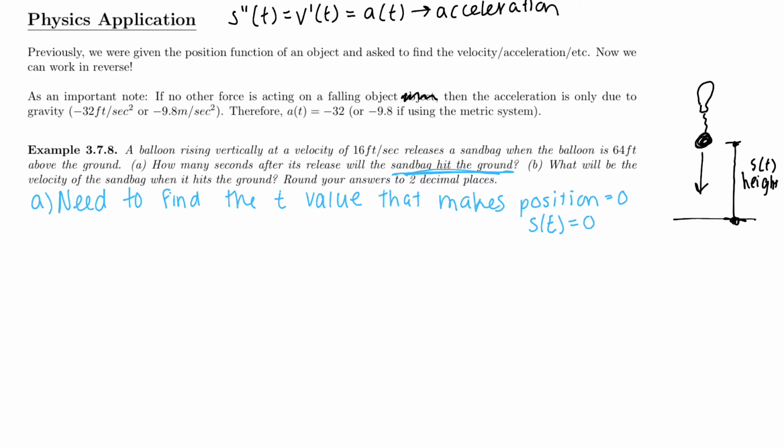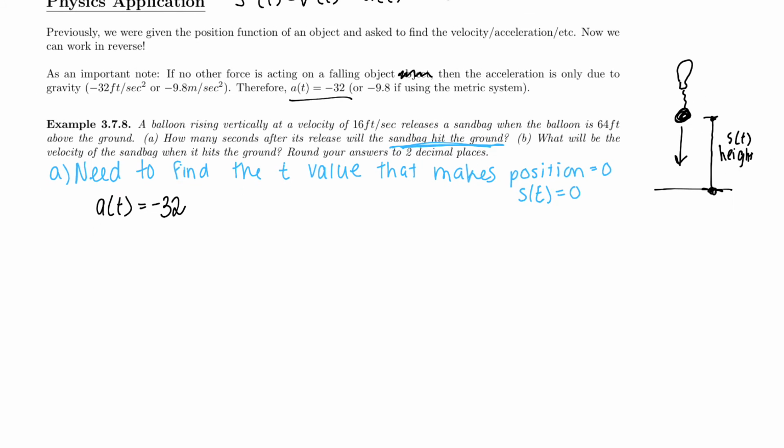Now, the information we have here is that acceleration is equal to negative 32 feet per second squared. We are talking in feet here. So we know that acceleration is equal to negative 32. We need to get ourselves to the position function.